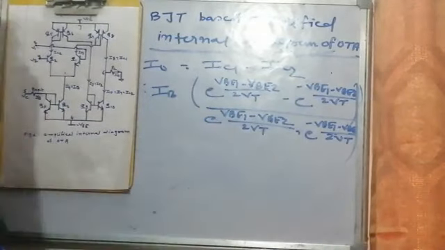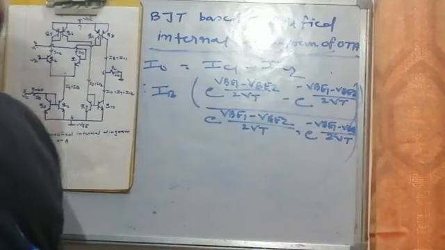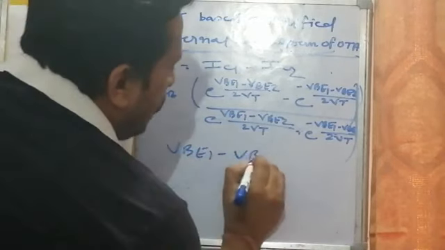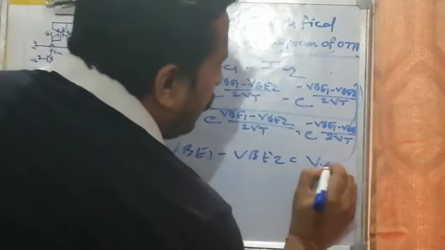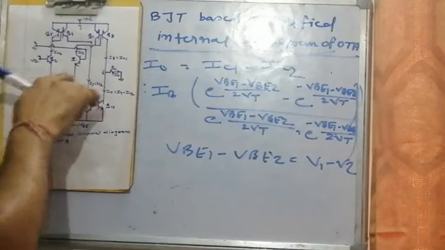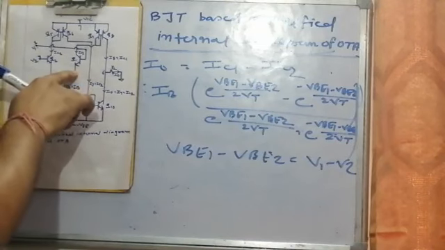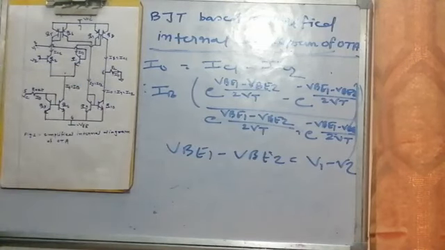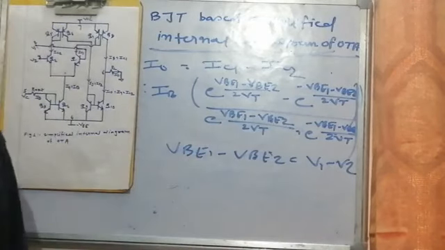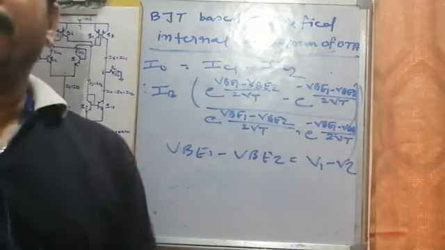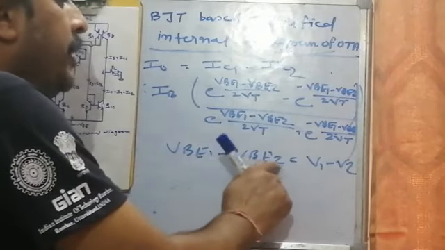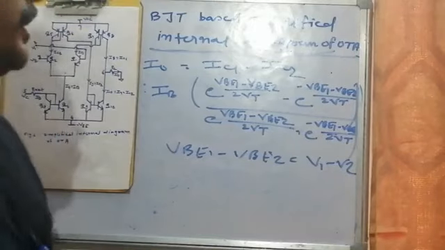And we know the value of VBE1 minus VBE2. What is the value of VBE1 minus VBE2? It is simply V1 minus V2 because the emitter terminal is common for transistors Q1 and Q2. So if the emitter terminal is common, the voltage at the emitter terminal will cancel out, only the base terminal voltage will be left. So we can write here VBE1 minus VBE2 equal to V1 minus V2.